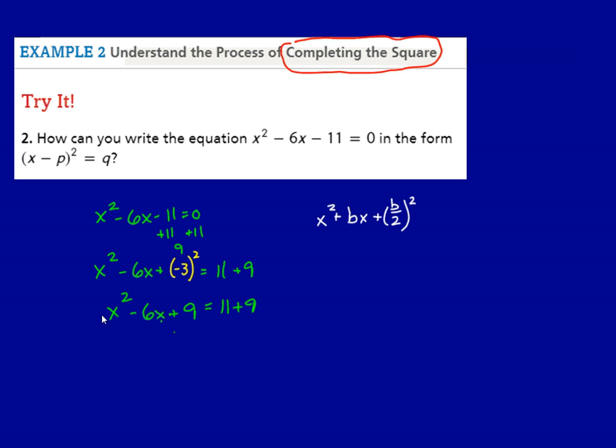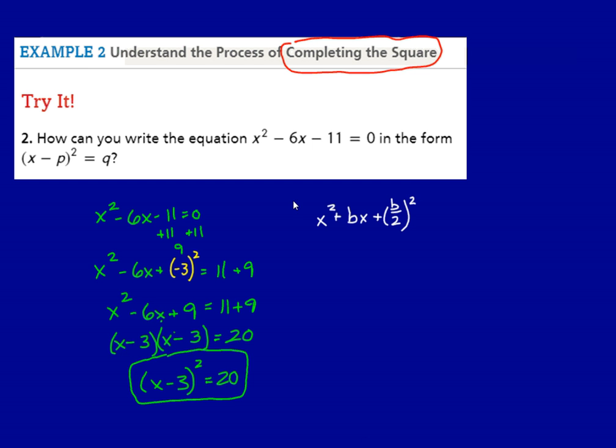If we factored this into two binomials, it would go into x and x, 3 and 3, and both of them would be negative. And this is going to equal 20. So this is x minus 3 squared equals 20. And this is what it wanted us to do. It wanted us to write it as x minus something squared equals 20.